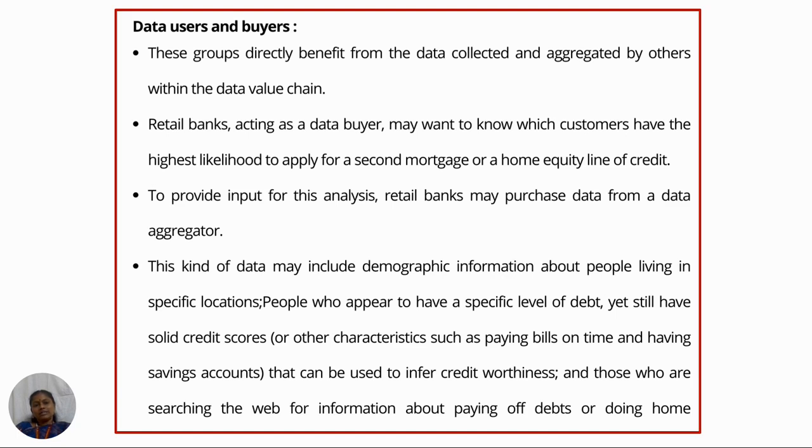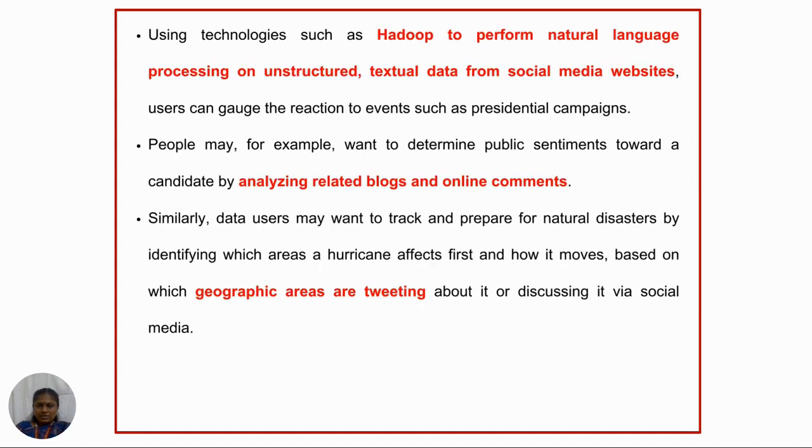Retail banks also collect data as per the mortgage values on home loans. They purchase the data from the bank by means of a data aggregator. Nowadays, data aggregators aggregate the data where the data uses are there.